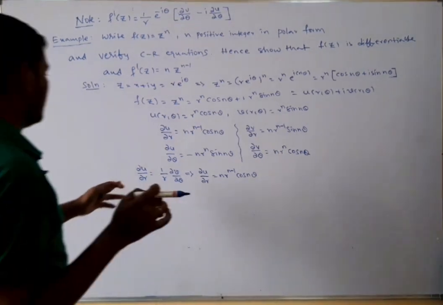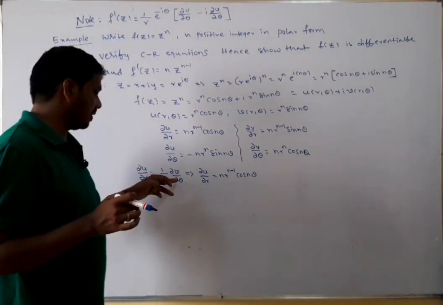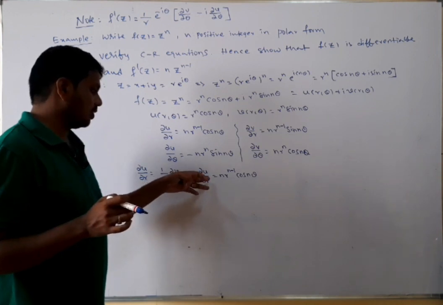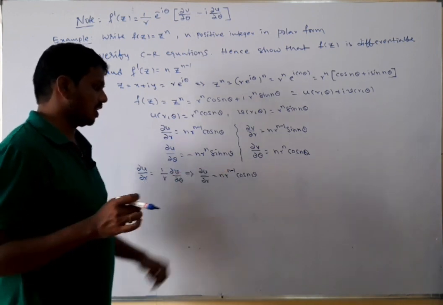Yeah, we have to verify dou u by dou r is equal to 1 by r dou v by dou theta. Now I am going to take dou u by dou r is equal to n r to the power of n minus 1 cos n theta.